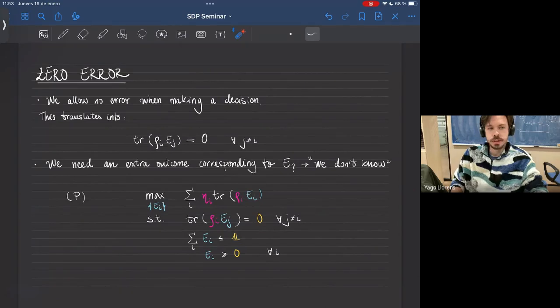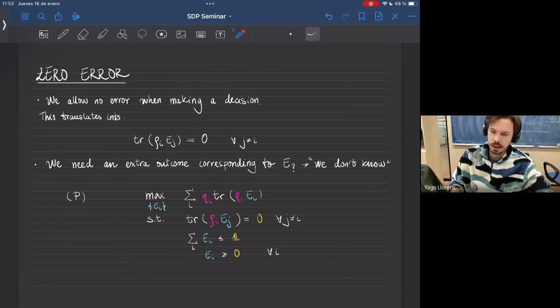So let me go to another instance of state discrimination, which instead of being the minimum error scenario, is now the zero error. And what is that? That we allow no error when making the decision. Before we were minimizing the error in order to maximize the success probability, but here we are fixing the error to be 0. We cannot say it was hypothesis 1 if it is number 2.